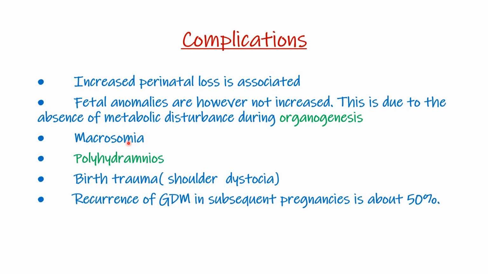You can also have macrosomia, polyhydramnios, as we already said, and birth trauma, including shoulder dystocia, because if this mother has gestational diabetes, there will be an increased risk of the baby coming out big, and that will include birth trauma and shoulder dystocia.